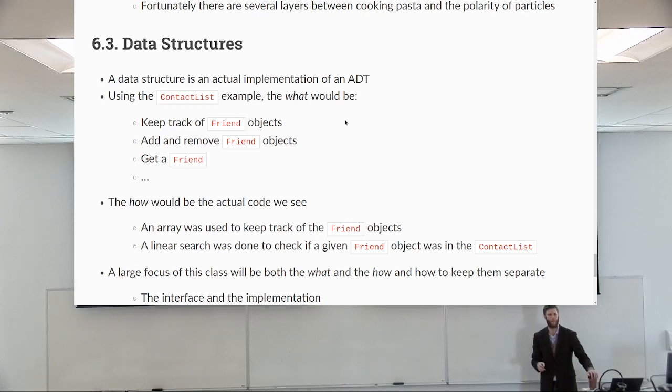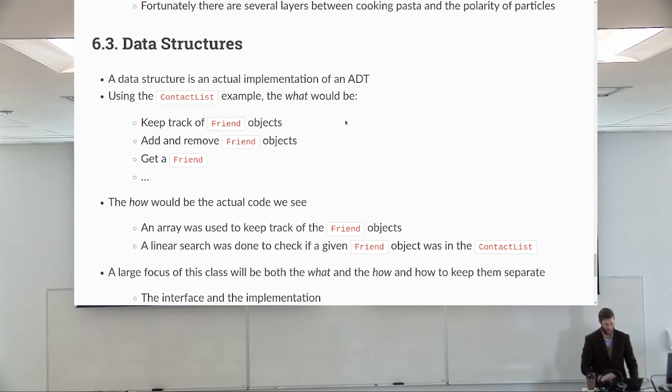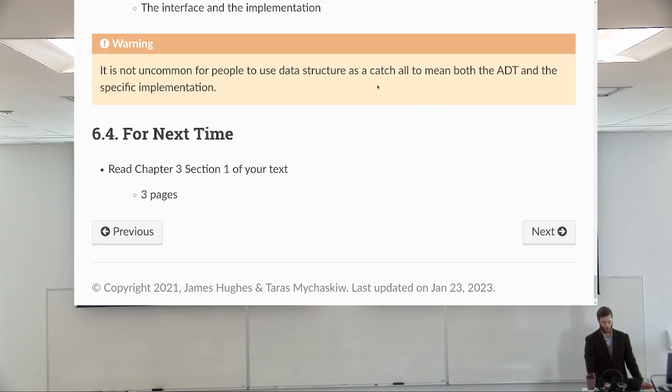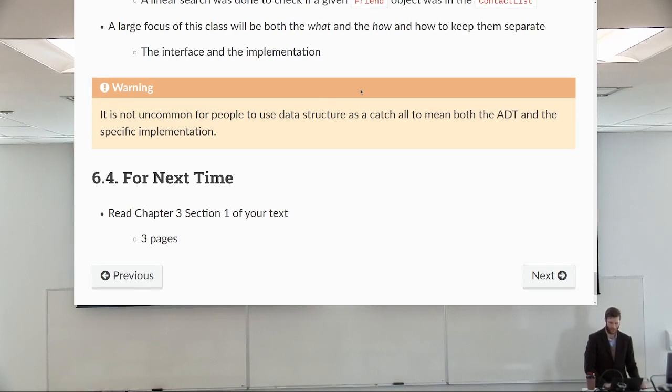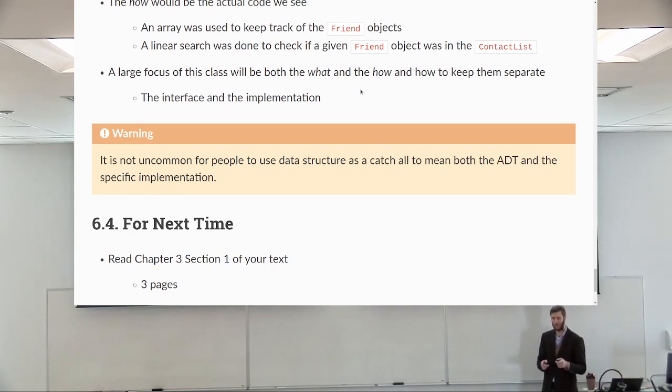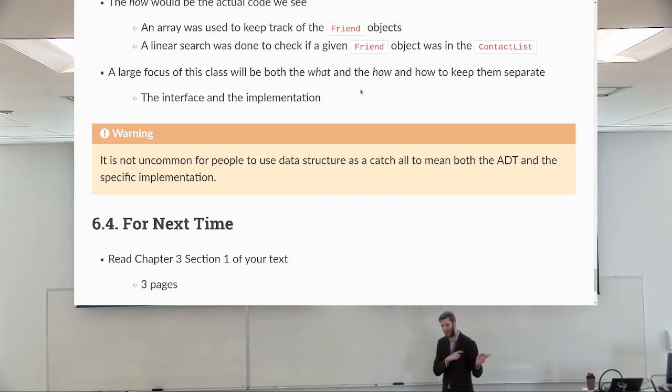A lot of times people will just say data structure as a catch-all. I'm probably going to do it. You're going to do it. Everyone does it. But there is a difference. And there's the warning about data structure being used as a catch-all term for both the ADT and any implementation. So this is just a review of topic 1 of this course, which was basically all this.